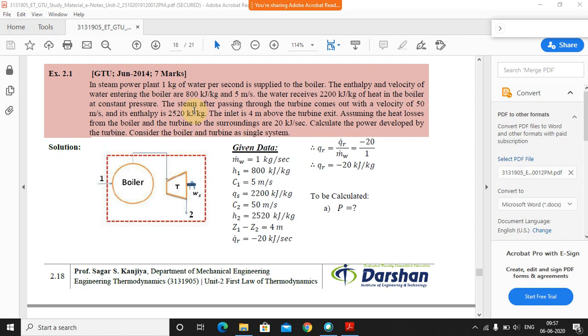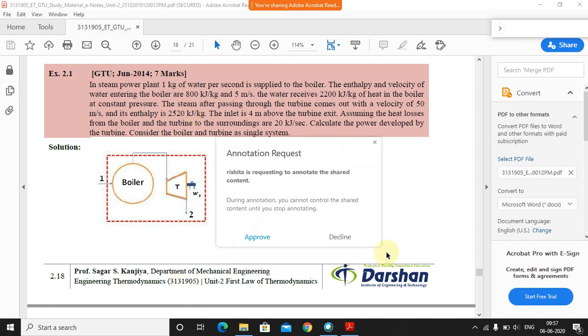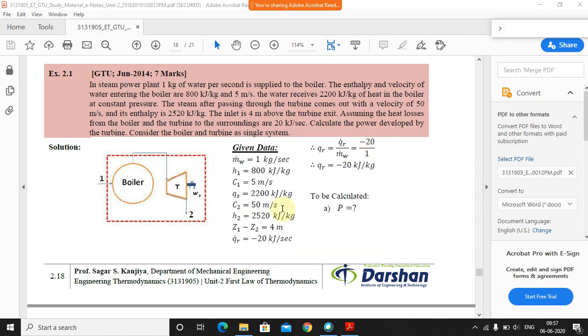Then its enthalpy is 2520 kilojoule per kg. So that means H2 is 2520 kilojoule per kg. So write down H2 is equal to 2520.